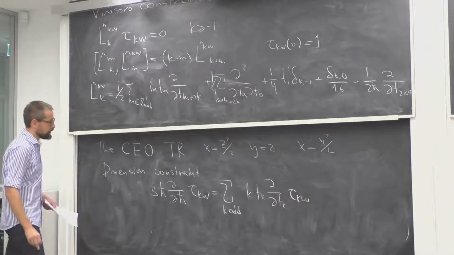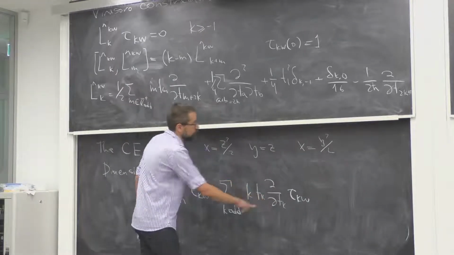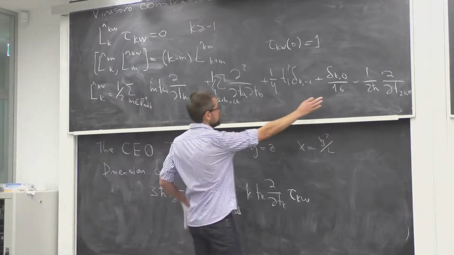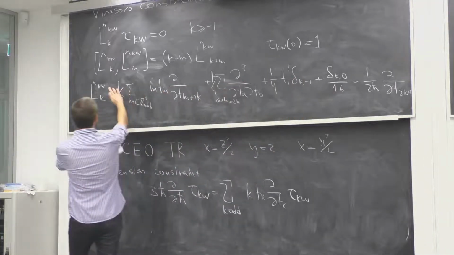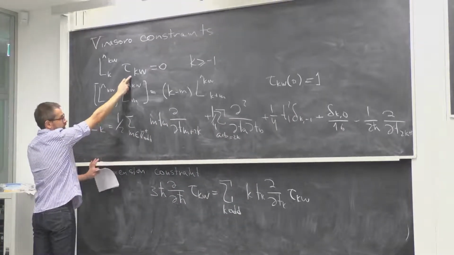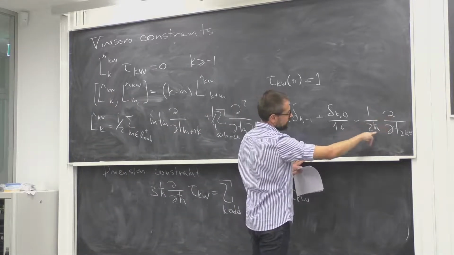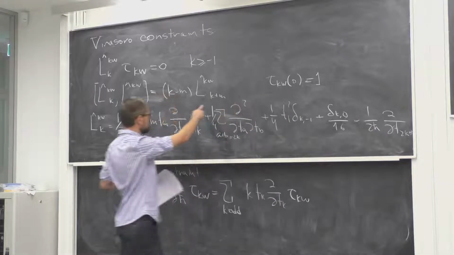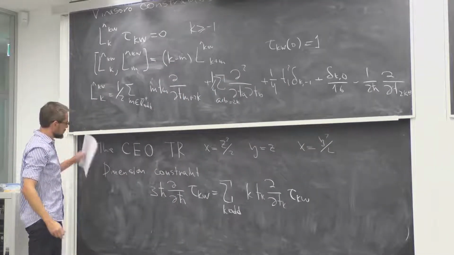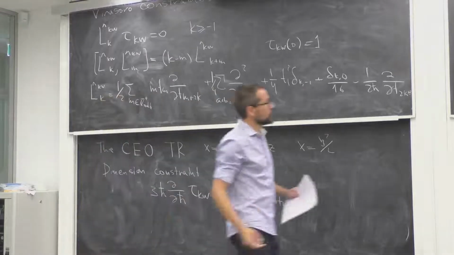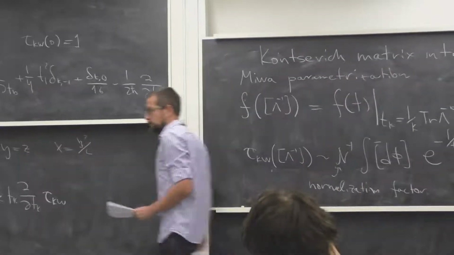And now I want to substitute this d over dt_k by this part of the operator. These operators annihilate the tau function, so I can express this d over dt_k in terms of the rest of the operator. So what I get is an equation of a very simple form.